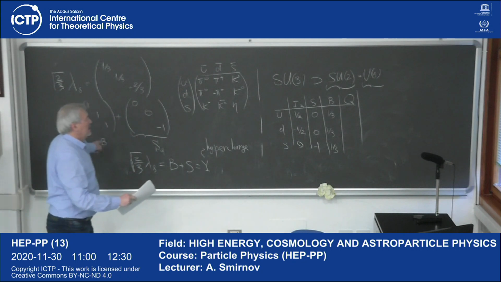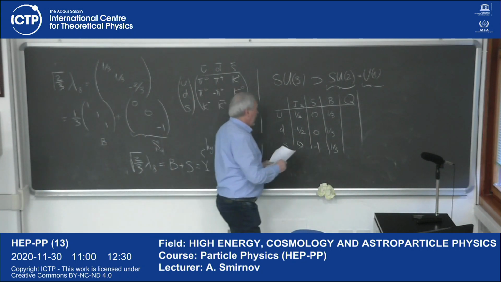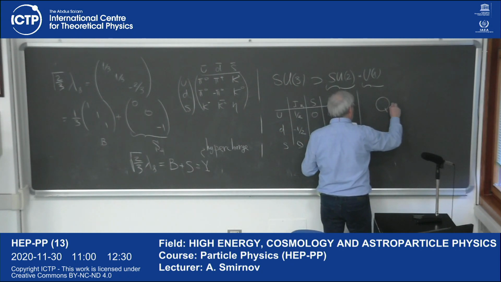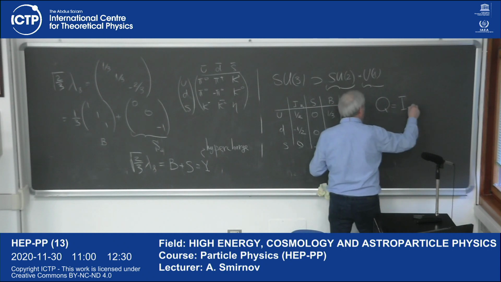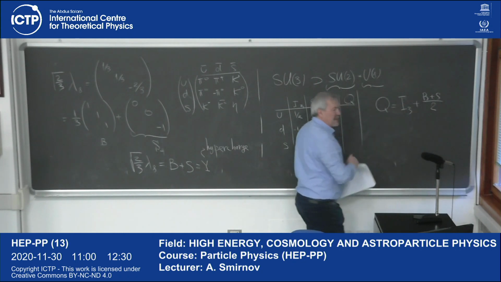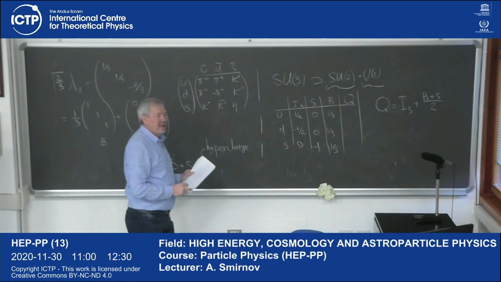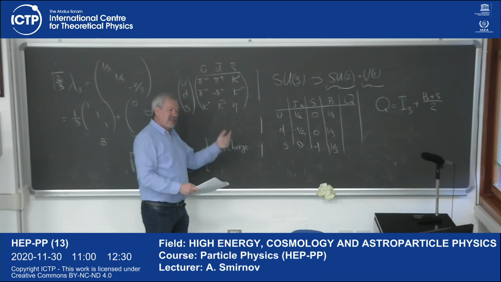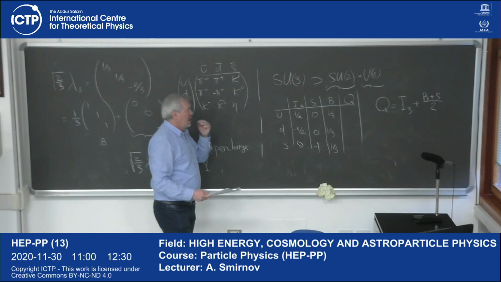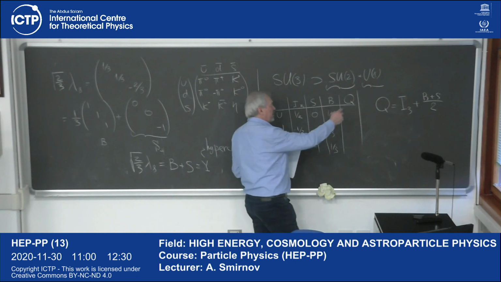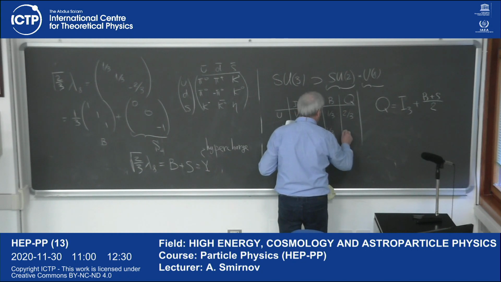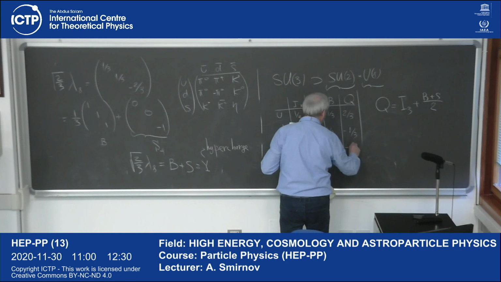You see this matrix is diagonal, and therefore everybody has the same. And now electric charge can be constructed as I3 plus (B plus S) over 2. This is precisely the formula empirically derived for hadrons. But since we have additive quantum numbers, the same should be satisfied for quarks. And in fact, using this definition of the operator of electric charge, we find that this is 2/3, this is minus 1/3, and this is minus 1/3.